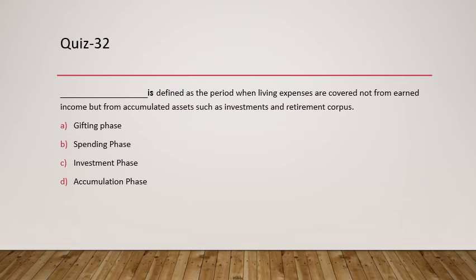So this is defined as the period when living expenses are not covered from earned income, but from accumulated assets, such as investments and retirement corpus. We call this the spending phase, not the accumulation or investment phase, right? Neither is it the gifting phase.